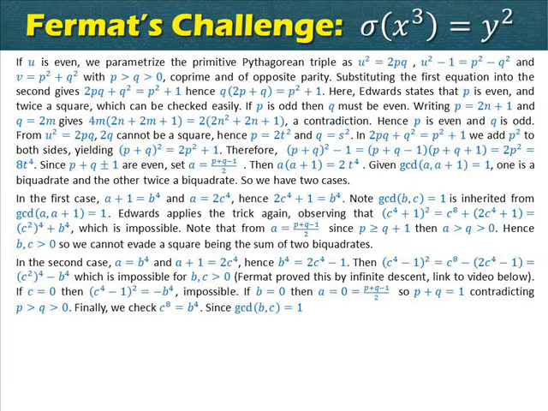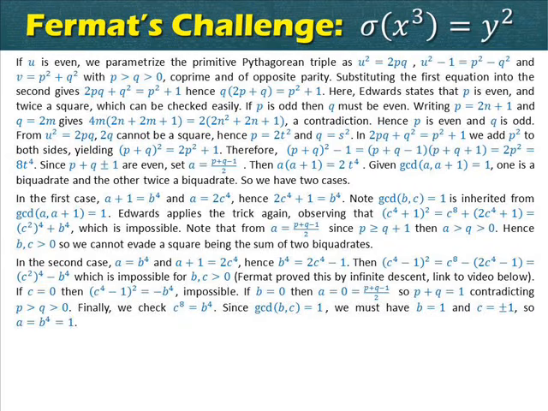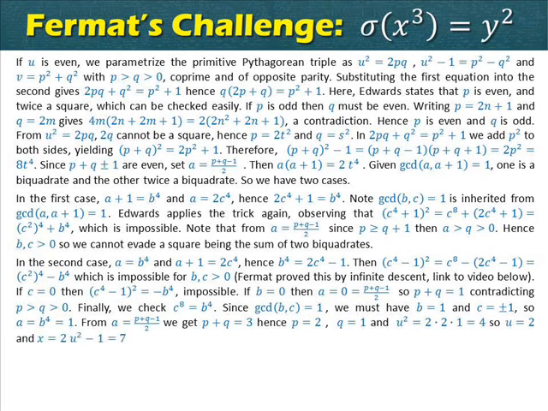Since b and c are coprime, we must have b equals 1 and c equals plus minus 1. So a equals 1. From a equals p plus q minus 1 over 2, we get p plus q equals 3. Hence, p equals 2, q equals 1, so u equals 2, and x equals 7, yielding the solution 7 cubed plus 7 squared plus 7 plus 1 equals 20 squared.